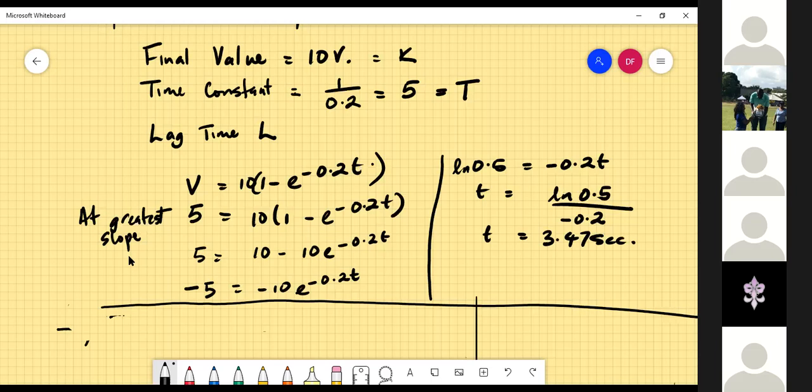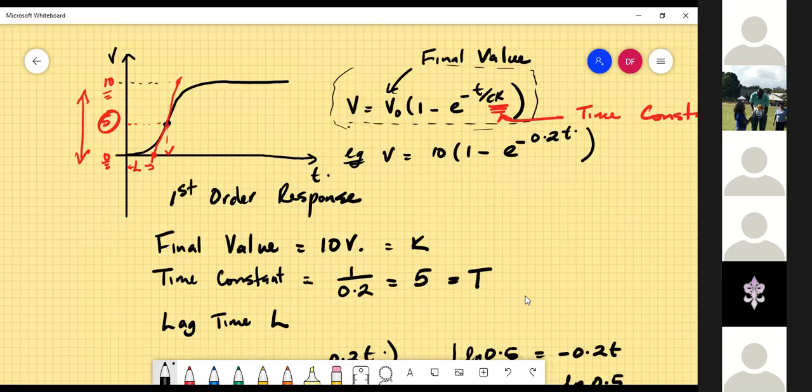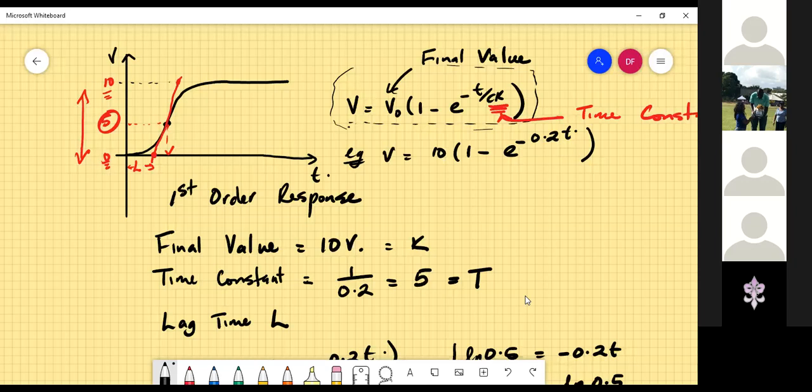All right. So this is going to be 3.47. Anyway, 3.47. And over here, it's 5.